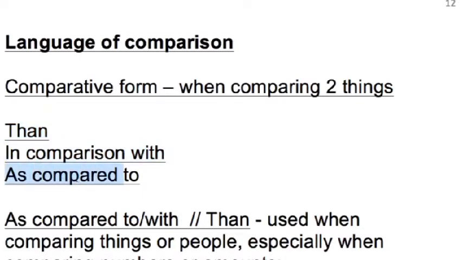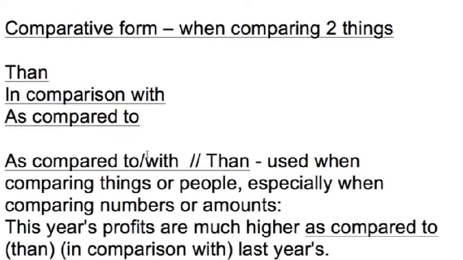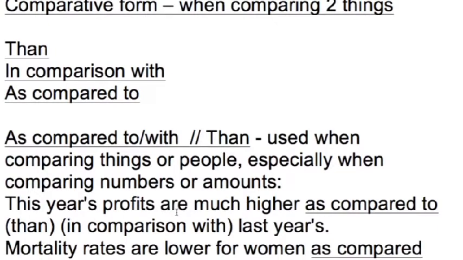For example, this year's profits are much higher as compared to last year's, or this year's profits are much higher in comparison with last year's, or this year's profits are much higher than last year's.